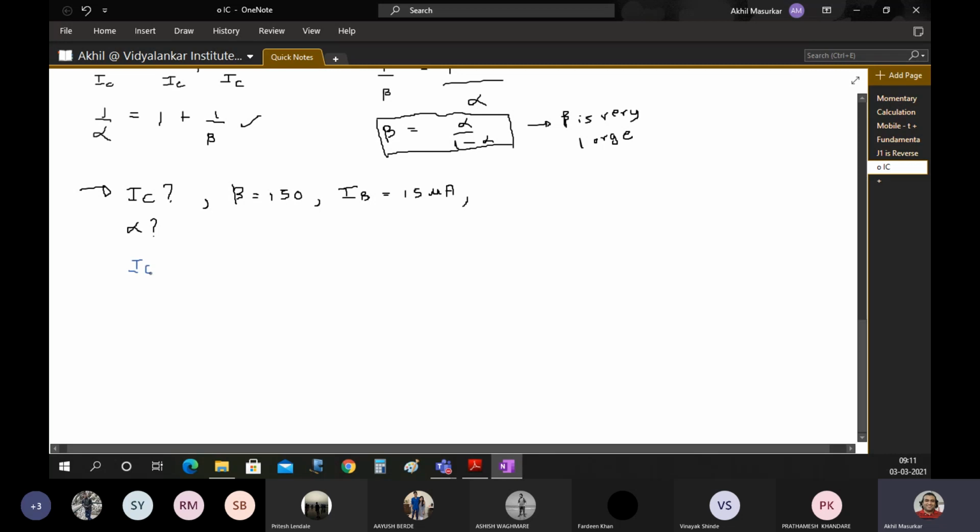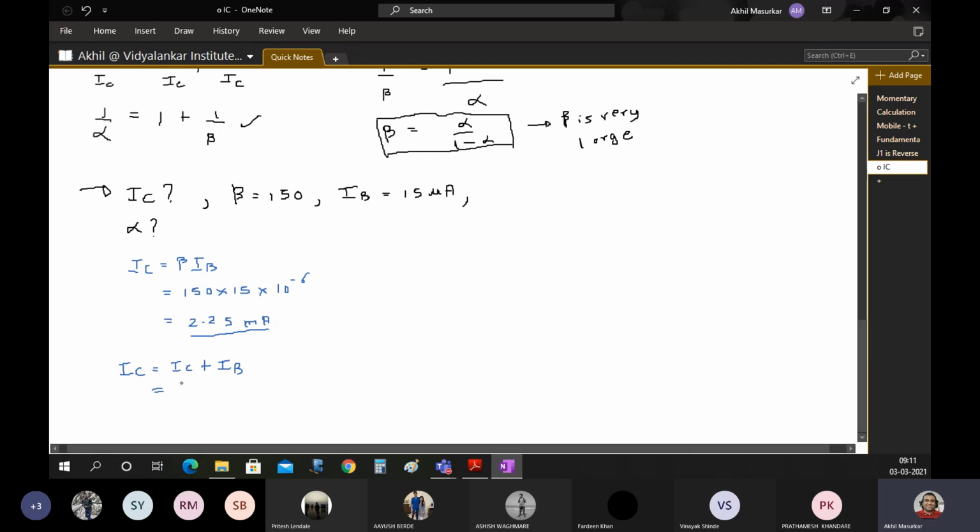So a quick solution to this would be something like this. IC is beta times IB, so that would be 150 into 15 into 10 raised to minus 6. So that would be 2.25 milliamperes, and IE would be IC plus IB.